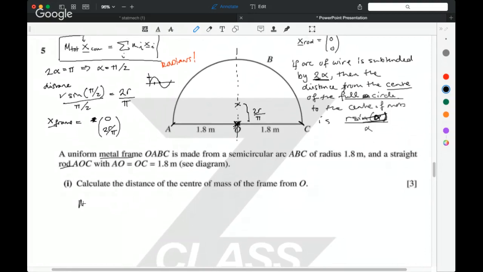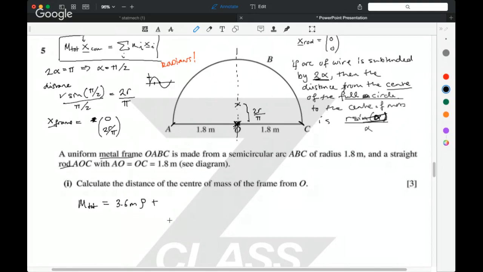What is m total? Well, that's equal to the length of the rod, 3.6 meters, times the density of the rod, in kilograms per meter, plus the length of the wire arc.